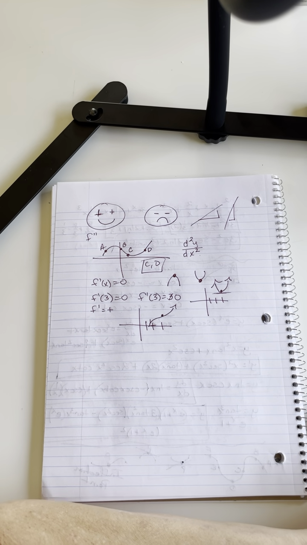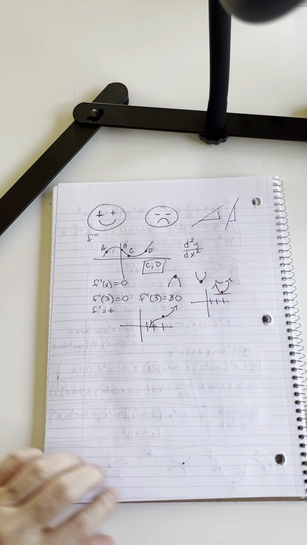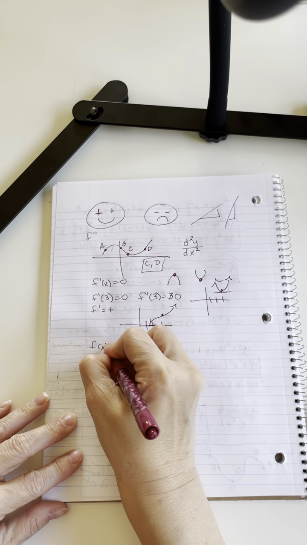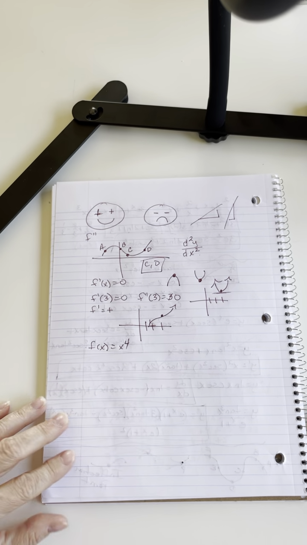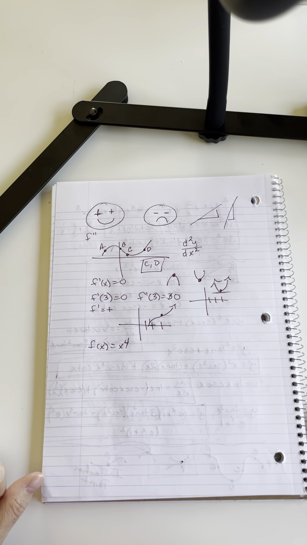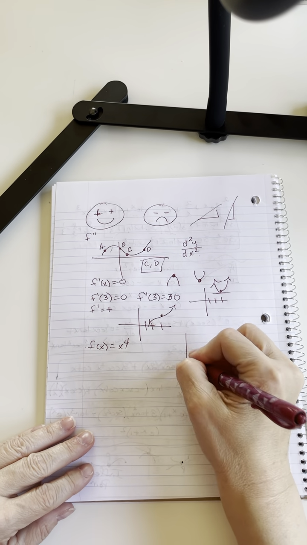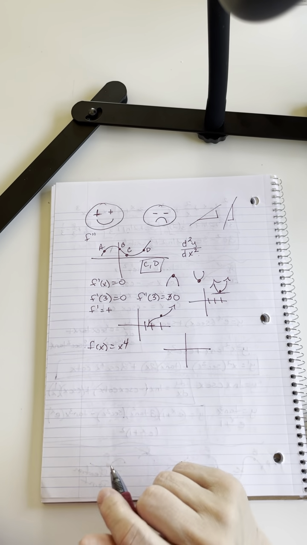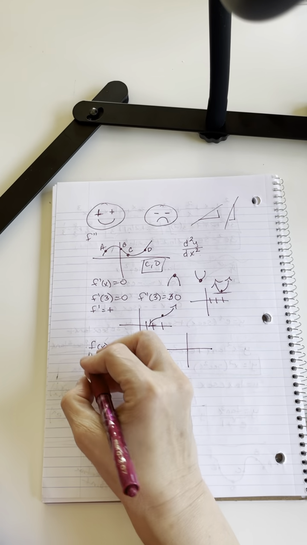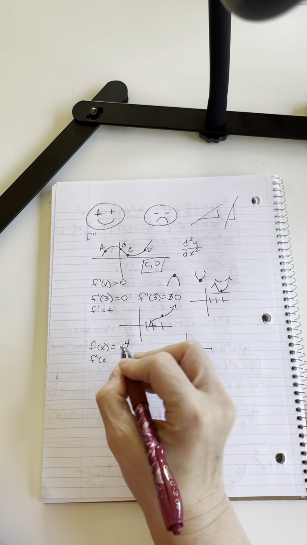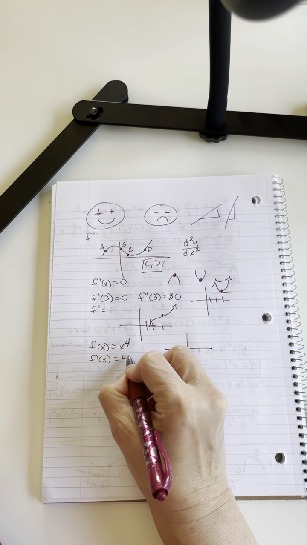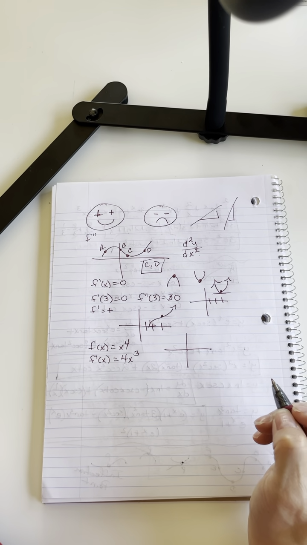Example 5. Given f of x is x to the 4th, use the first derivative and second derivative to describe the graph near 0. Okay, I was debating if I wanted to graph it or not. All right, so I'm near 0 where we're talking about things. So the first derivative would give us 4x cubed.